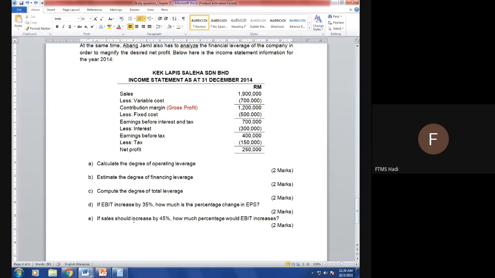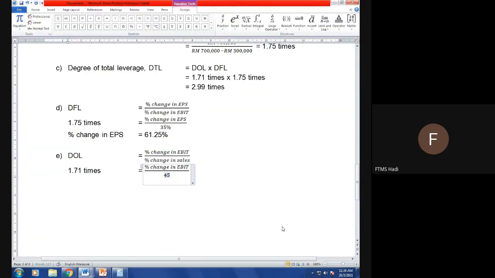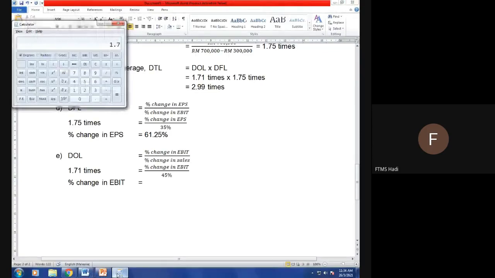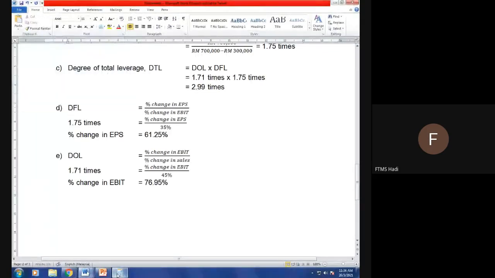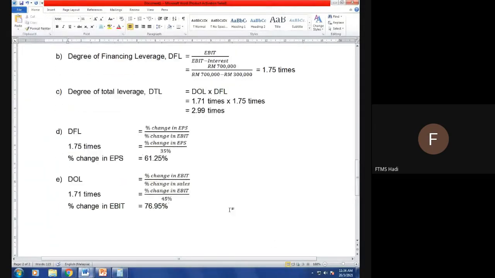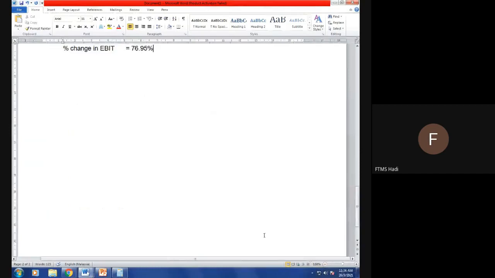Percentage change in sales is 45%. So 1.71 multiplied by 45% is 76.95%. If you divide it by 45, you still get 1.71. Okay, done with this question 6.